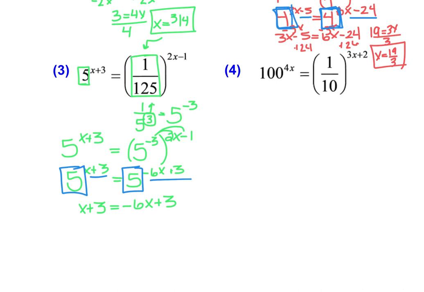Well, I'm going to add 6x to each side, subtract the 3 from each side, so I end up with 7x is equal to 0. Divide both sides by 7, and I find an x value of 0 will make this particular equation true.